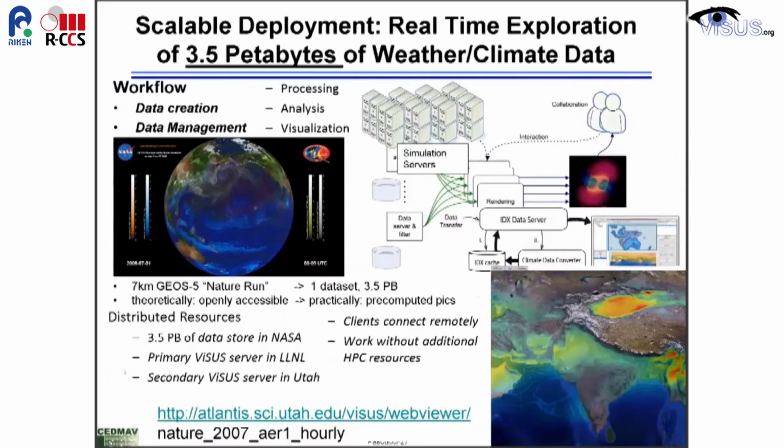And I don't remember who was interested in climate data. This is a case where we work with NASA for one of their larger data sets. It's about 3 petabytes of data, and we created a mirror at Lawrence Livermore National Lab. And then in streaming mode, we allow to do ensemble computation, put things together, stream the results.